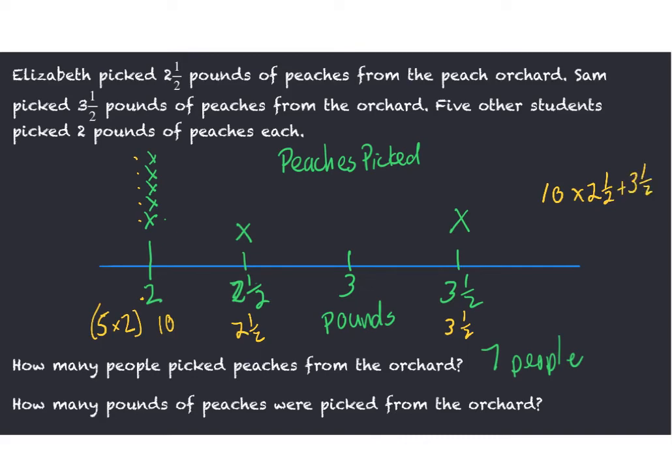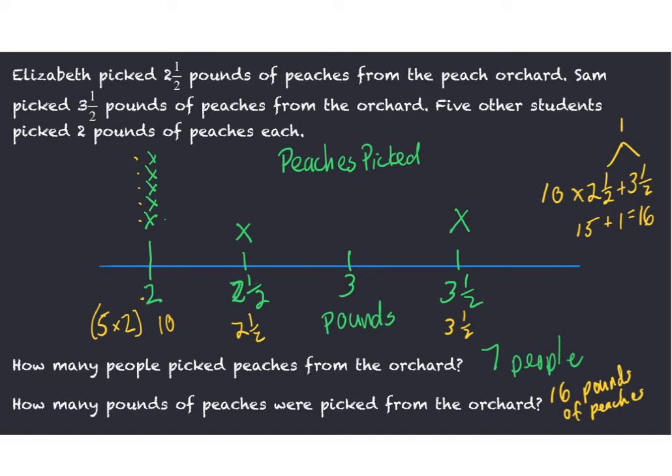If we add up our whole numbers first, 10 plus 2 is 12. 12 plus 3 is 15. And then if we add up our 2 halves here, we'll get 1 whole. So 15 plus 1 equals 16. So there were 16 pounds of peaches picked from the orchard that day.